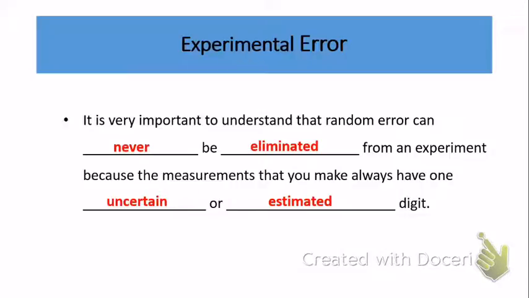Therefore, random error can never be eliminated whatsoever. Never eliminate random error. You're always going to have an estimated digit or an uncertain digit. And that's just the way it goes.